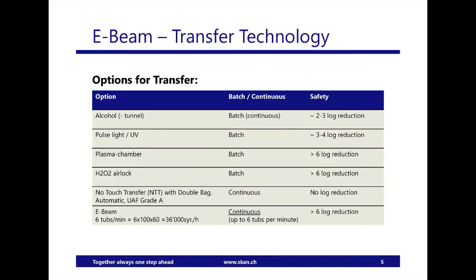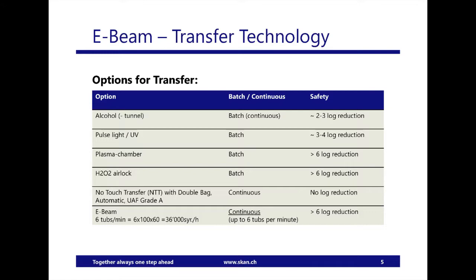It's a transfer technology. What options do we have for transfer? We can do it with alcohol, so we just wipe it, but it doesn't work against spores, so the safety is not very high, and it's a batch process. We can do pull slide UV, also only a batch process, with a 3 to 4 log reduction. So again, the safety is not too high.